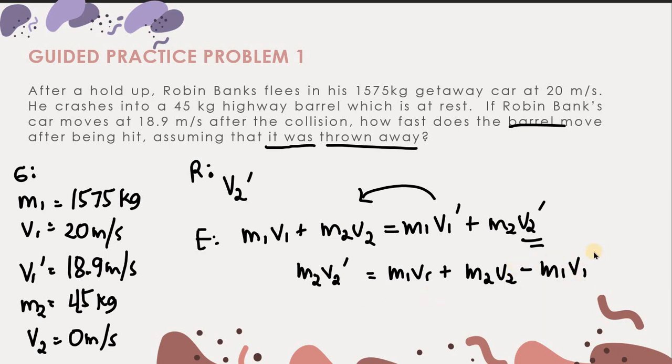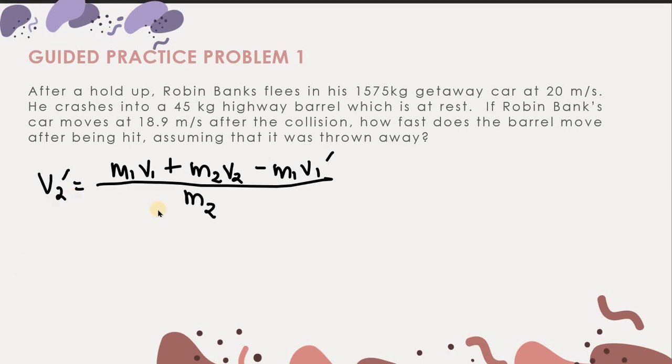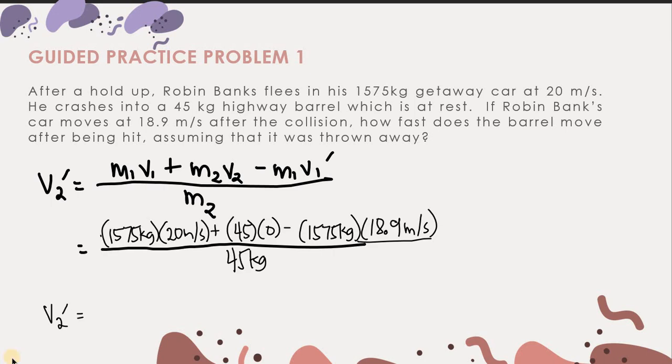Divide both sides by M2 so that you will be left with V2 prime. M2 over M2 cancels out, and now you have this equation. Let's now substitute the values and compute. The answer will be 38.5 meter per second. Okay, so that's it.